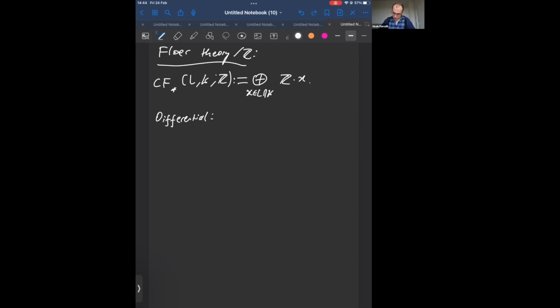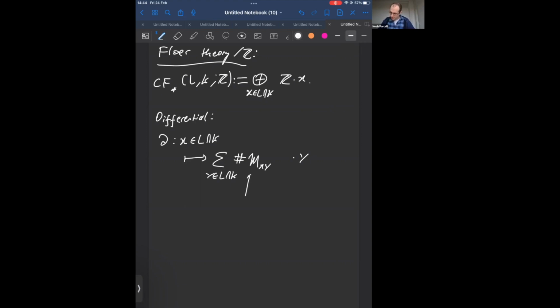The differential d sends x, some intersection point between L and K, to a sum over other intersection points of something times y, and that something is the count of points in this moduli space MXY.